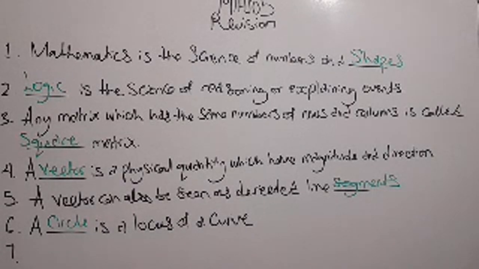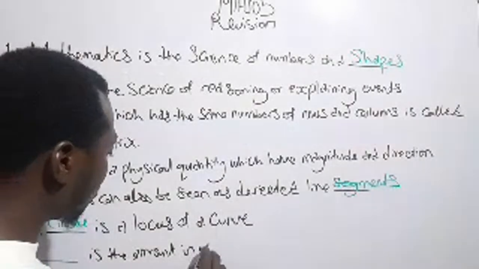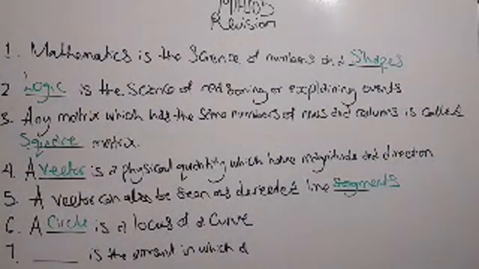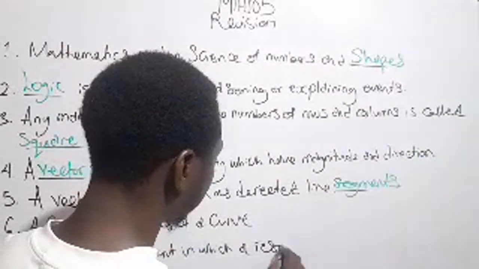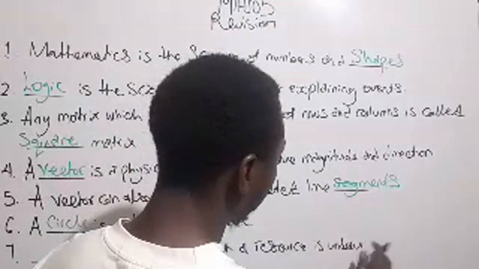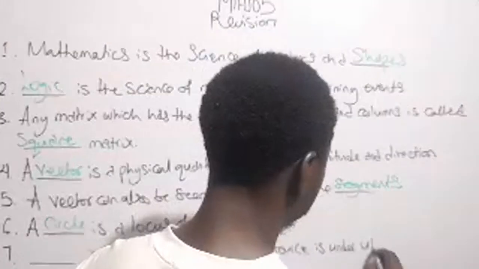It says, dash is the amount by which a resource is underutilized. Amount in which a resource is underutilized.